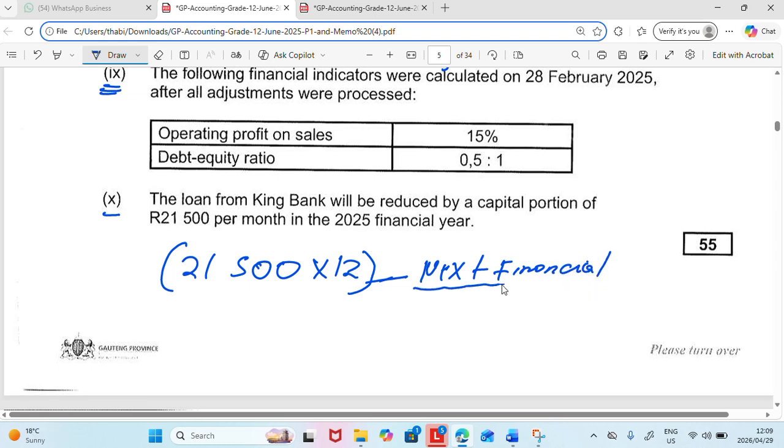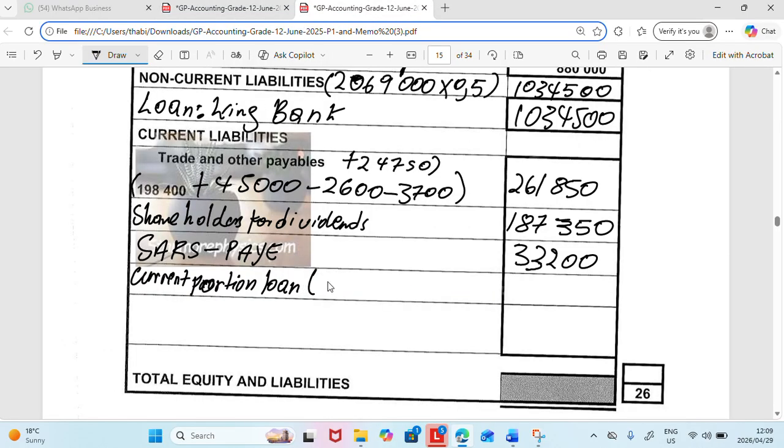The next financial year. So that will be classified as current portion of the loan. So you take 21,500 times 12, then you will get the amount that is payable the next financial year.